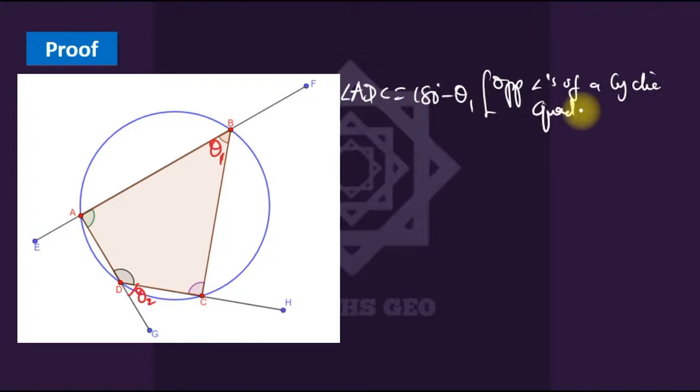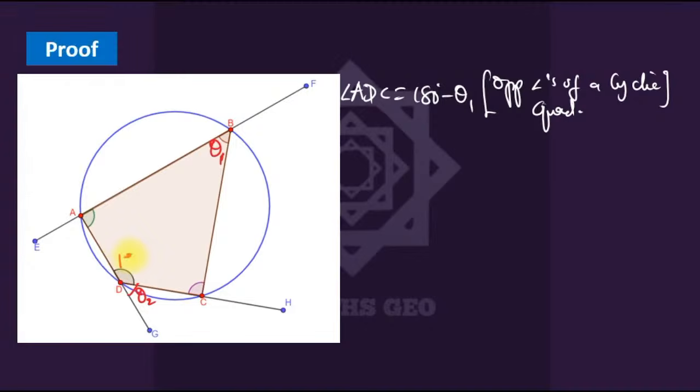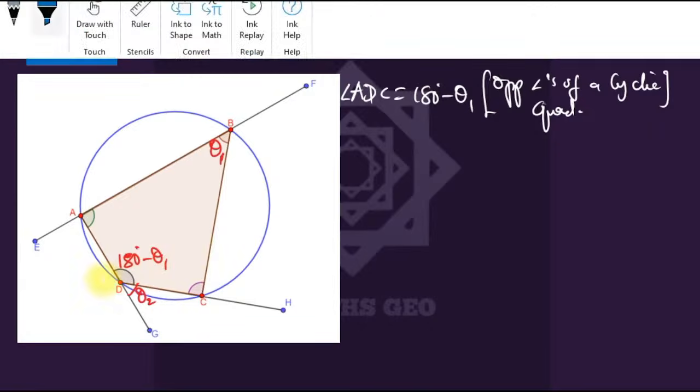So that's supplementary, as you can see. Let's just write it. This is 180 minus theta 1.